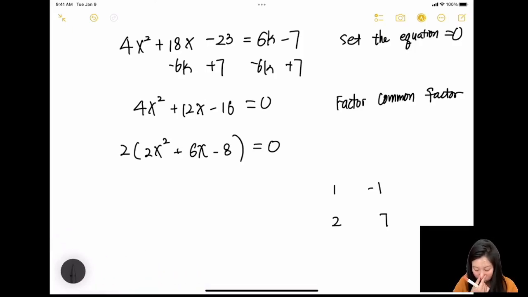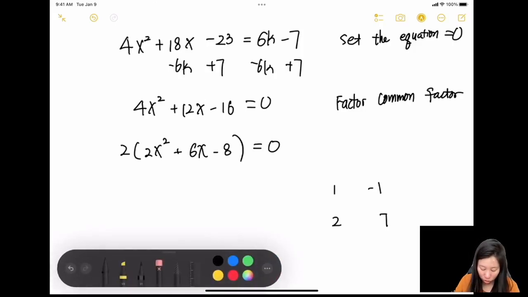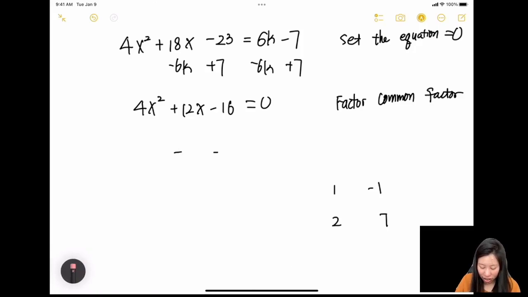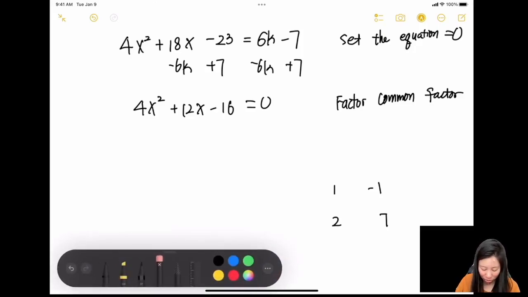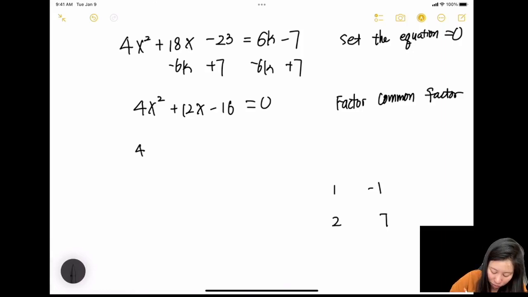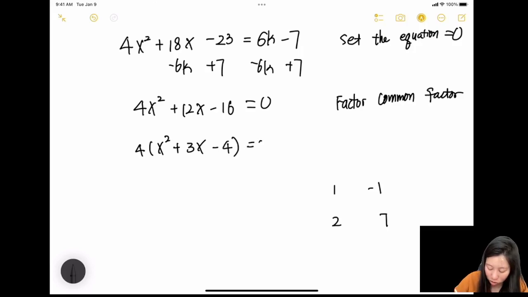Oh, so they should have a common factor of 4. Oh my god. Let's redo it from here. So we have 4 times x squared plus 3x minus 4 equals 0.